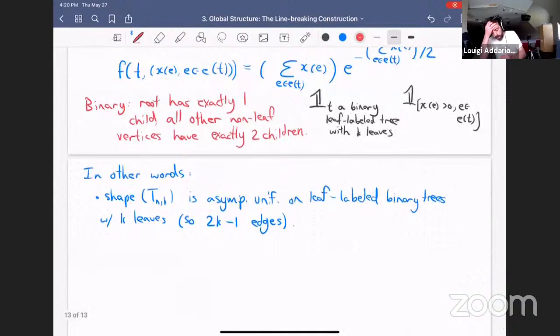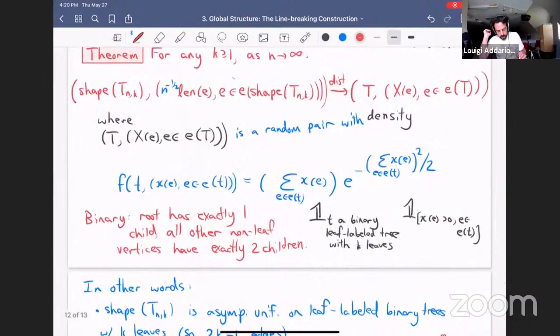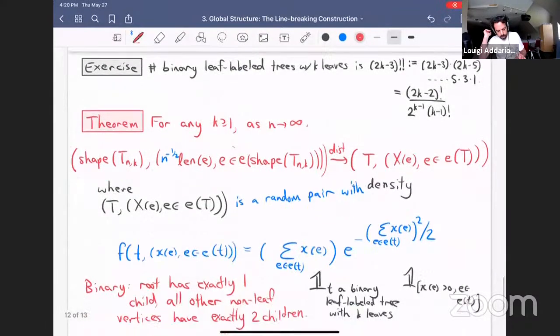Okay, so examples of binary trees are this and this and this. Okay. So these are rooted trees.